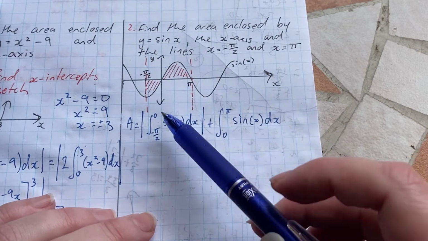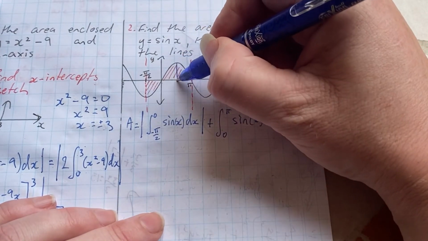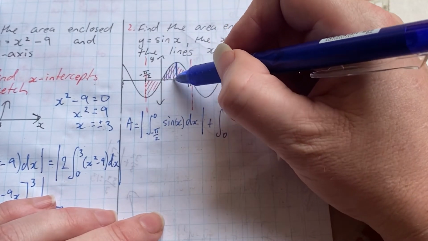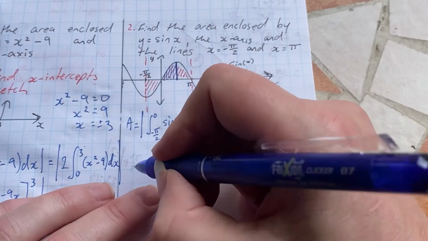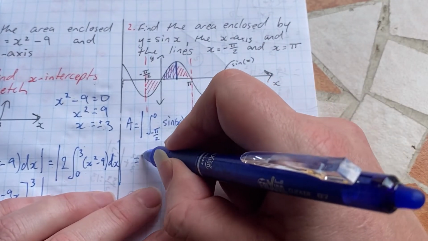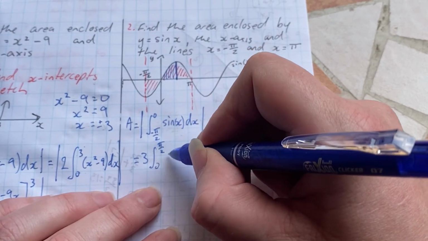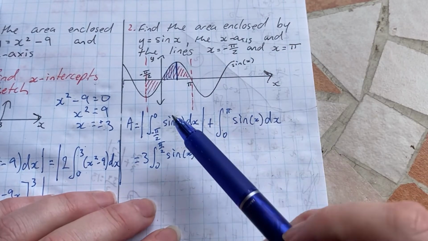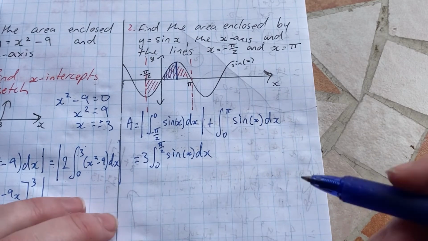Now, here's something really cool about the sine curve and the symmetry of it. If I drew an extra line there, this area here is exactly the same size as that area and that area. So what I can do if I want to is do 3 times the integral from 0 to pi on 2 of sine x dx. I don't have to. I could just do all of that and add it up, but this is a nice little shortcut.